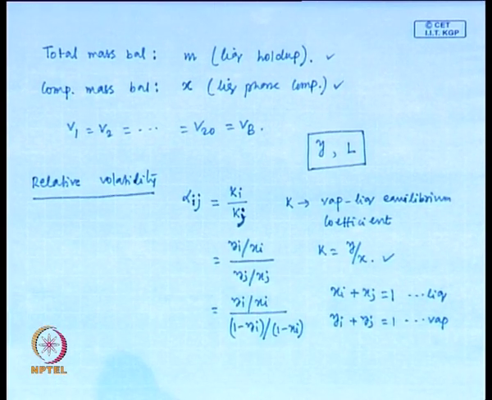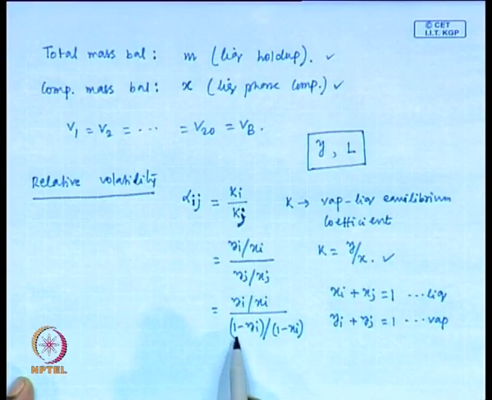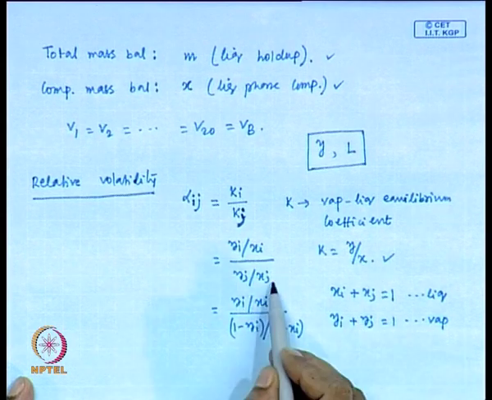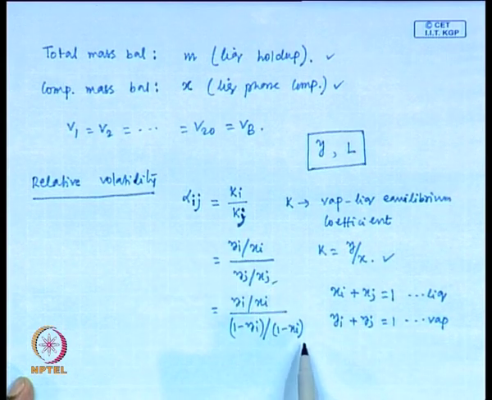Fine. Our intention is to calculate the vapor phase composition of component i. That is why we are trying to avoid yj and xj terms. Fine. So, yj equals to 1 minus yi and xj equals to 1 minus xi.